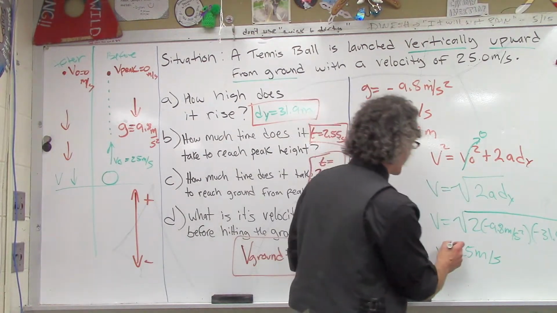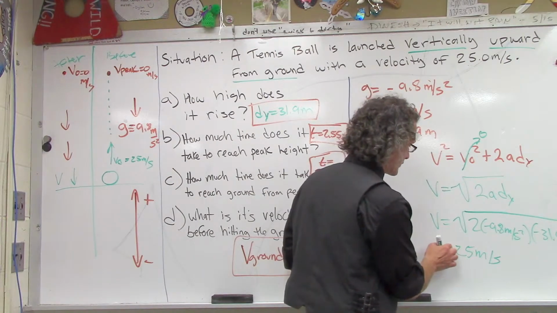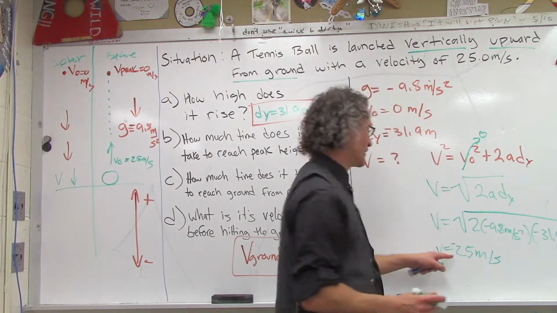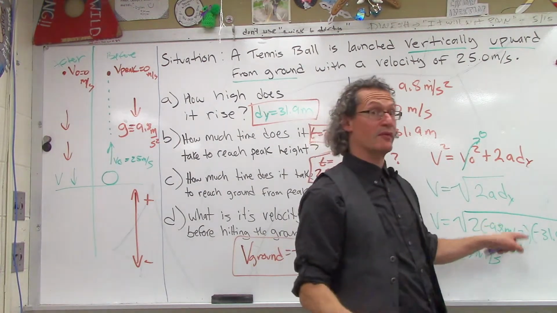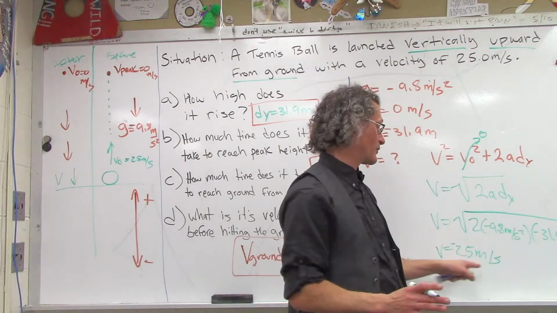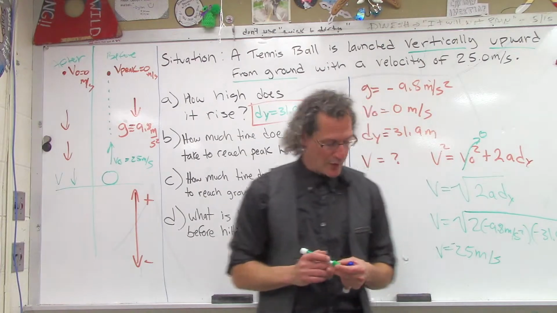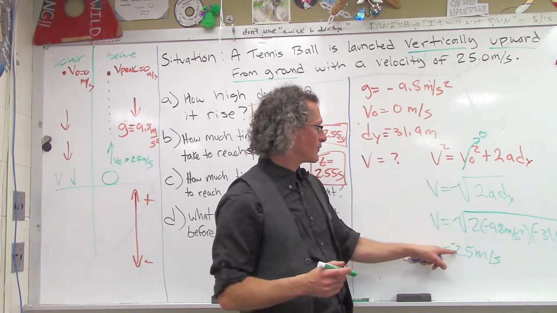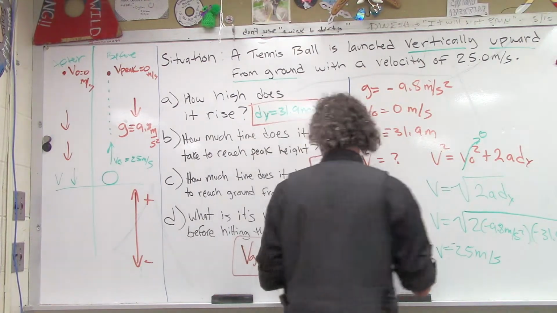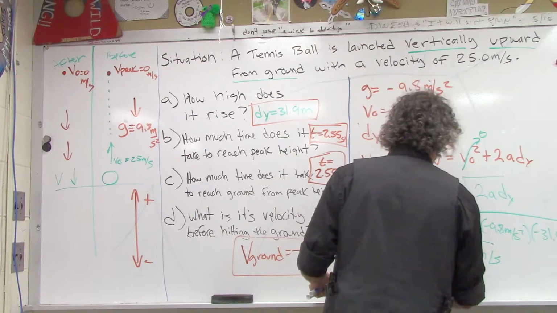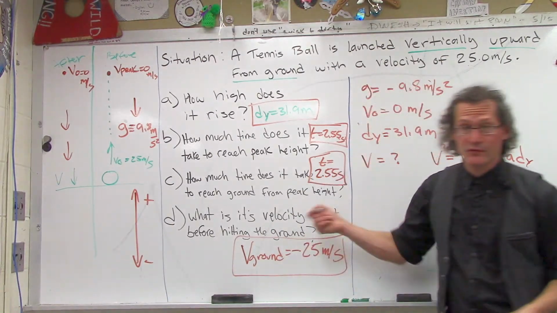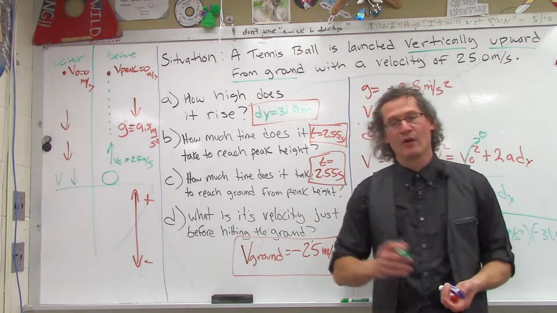We have to consider the physics in this, as well as the math. So we have negative 25 meters per second. You can't take a square root of a negative number, but when you take the square root of a number, you can decide whether it's the positive or negative root. So V equals negative 25 meters per second, just like we had over here. We didn't have to do it this way, but we did, just to show it.